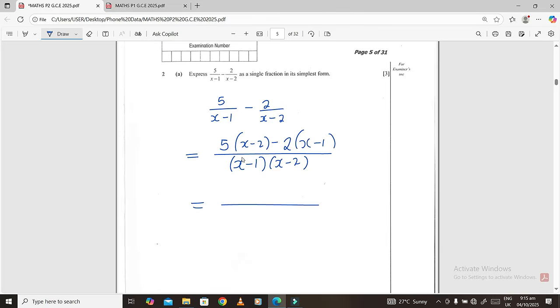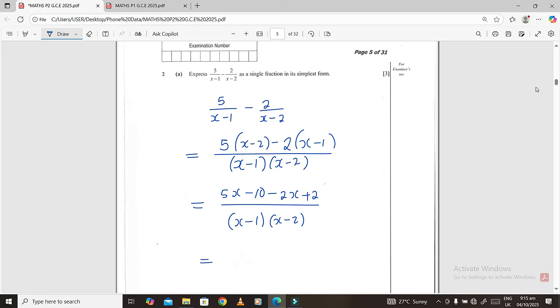So here, still doing that, we've got 5x minus 10. 5 times x is 5x. 5 times -2, it's -10. That's what we call getting rid of the brackets. So here we shall have a minus 2x plus 2. And then x minus 1, x minus 2.